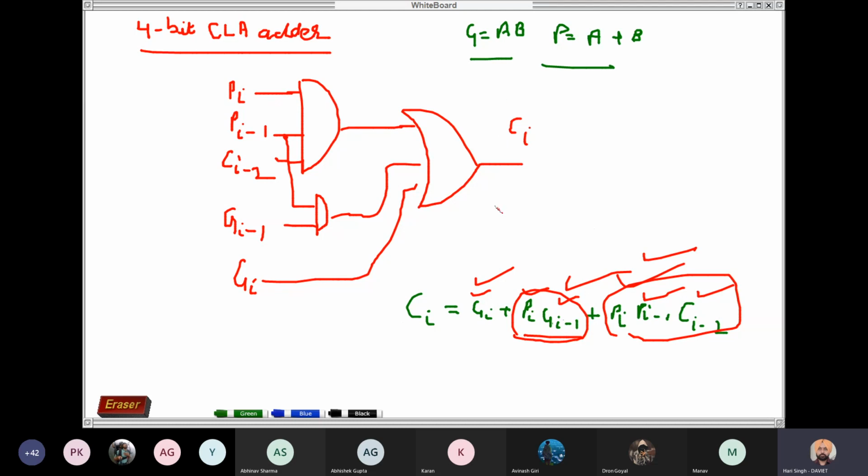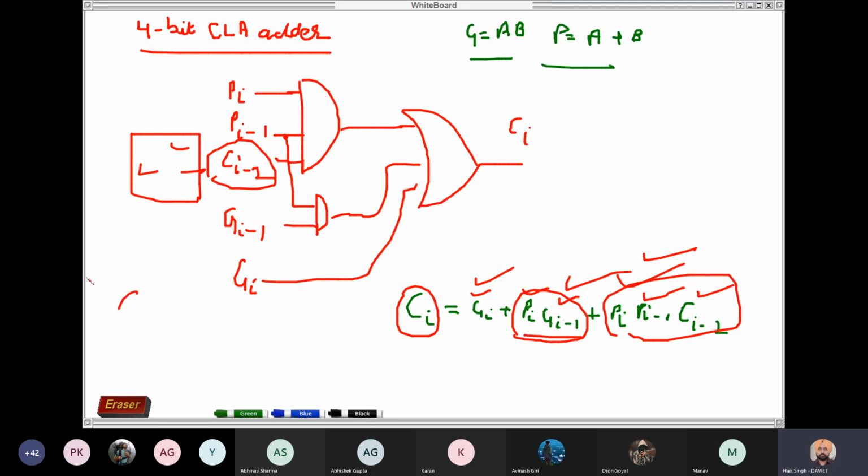So to generate the carry at the ith stage, we need inputs Pi minus 1, Gi minus 1, Gi, and Ci minus 2, and some gates. Further, to generate Ci minus 2, we need similar hardware at previous stages. Here also similar hardware will be used, so Ci minus 3 will come from that, and then to generate Ci minus 3 further hardware will be needed.